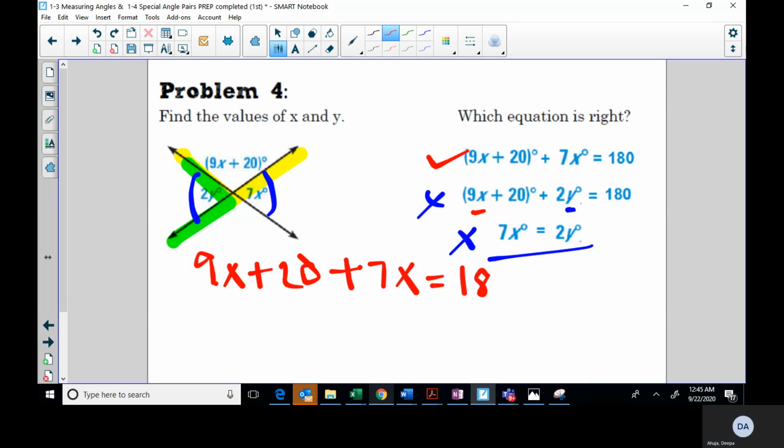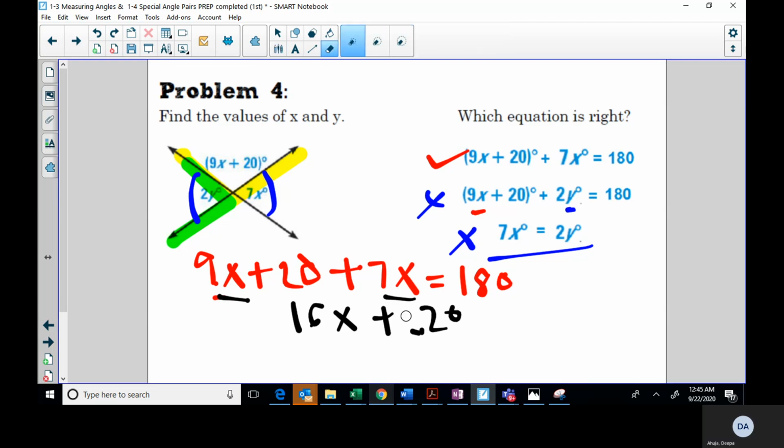How will you solve for x? You will add 9x and 7x together. That will become 16x plus 20 is equal to 180.